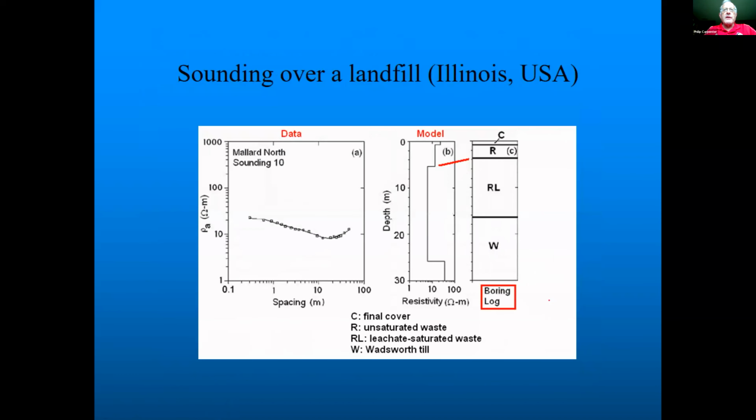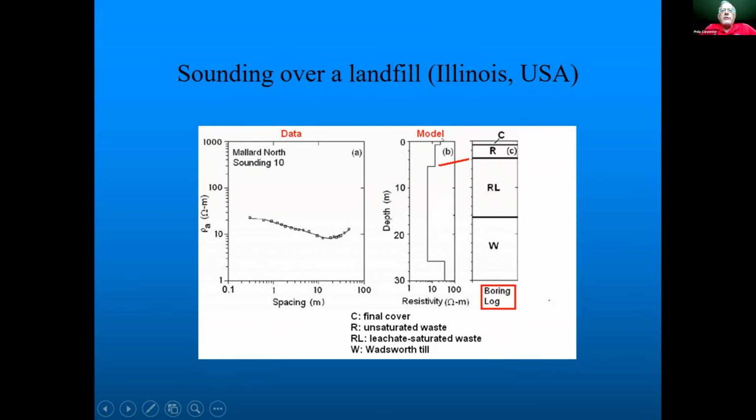Ah, here we go. Okay, so this is the sounding over Mallard North. So what we got again is spacing, and then apparent resistivity, the model, and the interpretation of the model. So we have cover, refuse with leachate, and then Wadsworth till underneath it.